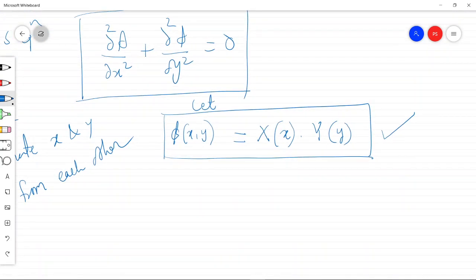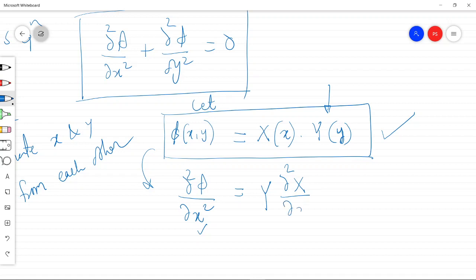Now we can differentiate this as dou 2 phi by dou x squared. Now since derivative with respect to x, this Y term, which is a function of y, works as a constant. So Y comes outside the derivative and we are left with dou 2 X by dou x squared. Now we must remember that this capital X is a function of x.